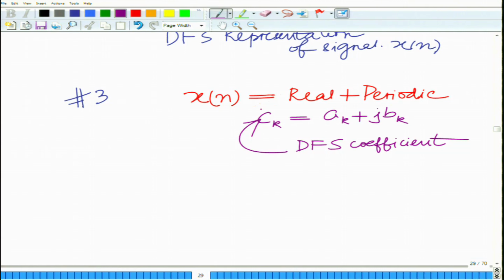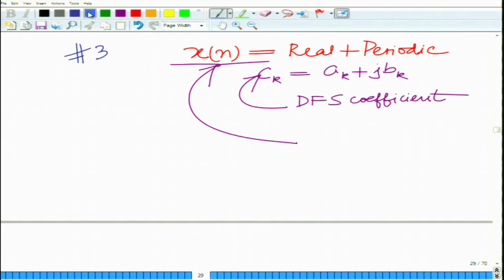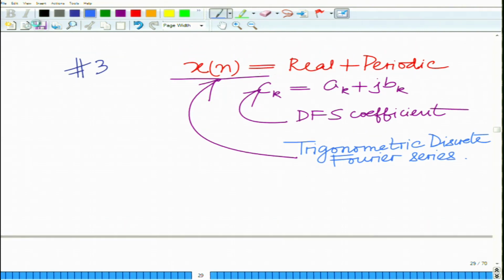We want to find the trigonometric discrete Fourier series, given the discrete Fourier series, the complex exponential discrete Fourier series coefficient C_k.